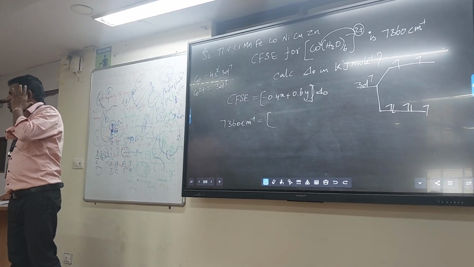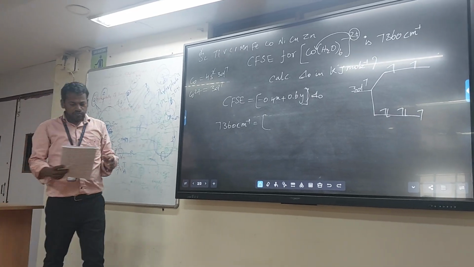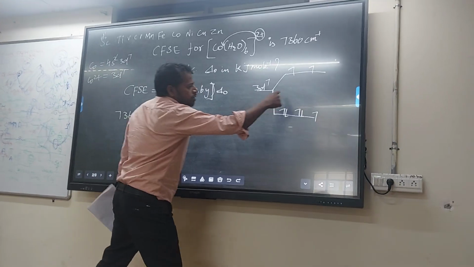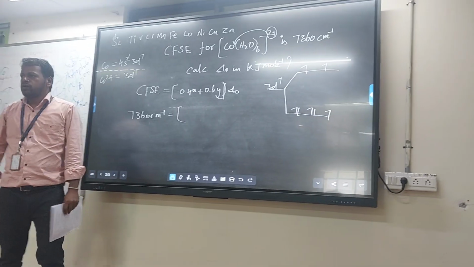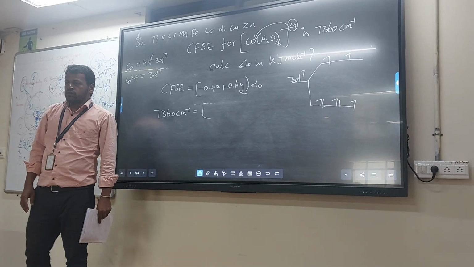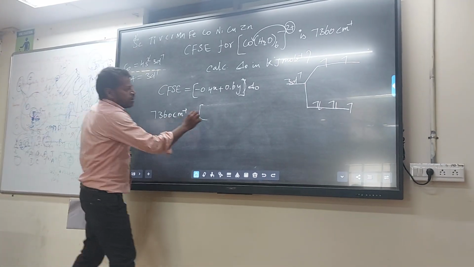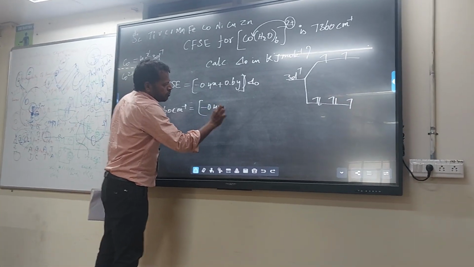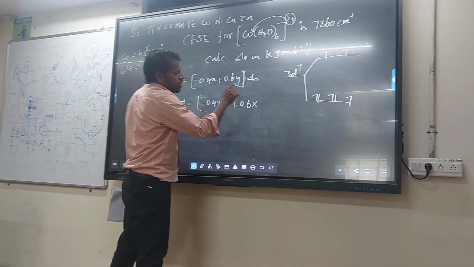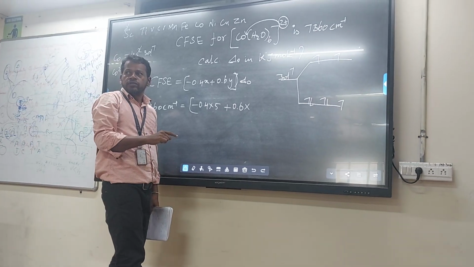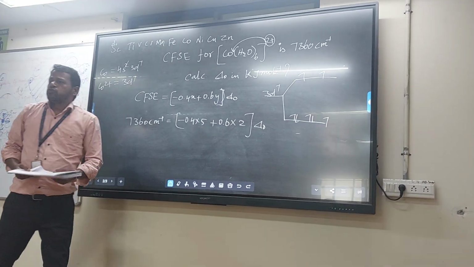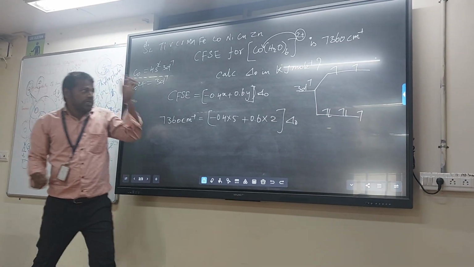Now, how many electrons are there in the t2g level? 5 electrons. Therefore, minus 0.4 into 5, plus 0.6 into the number of eg electrons, 2, into delta naught.